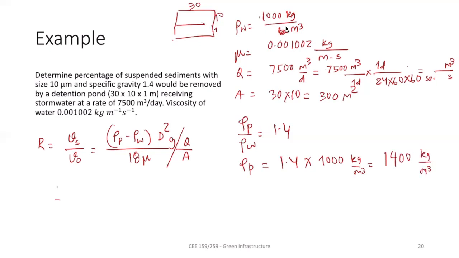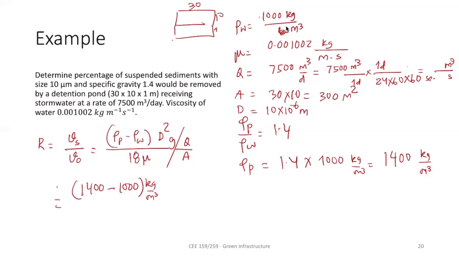So if you put it here, everything is given: 1,400 minus 1,000 kg per meter cube. Particle size d is given, the particle size is 10 microns, so 10 times 10 to the minus 6 meter.